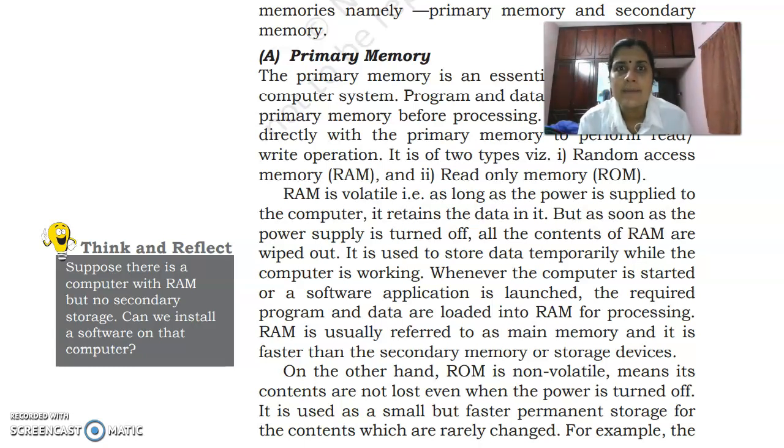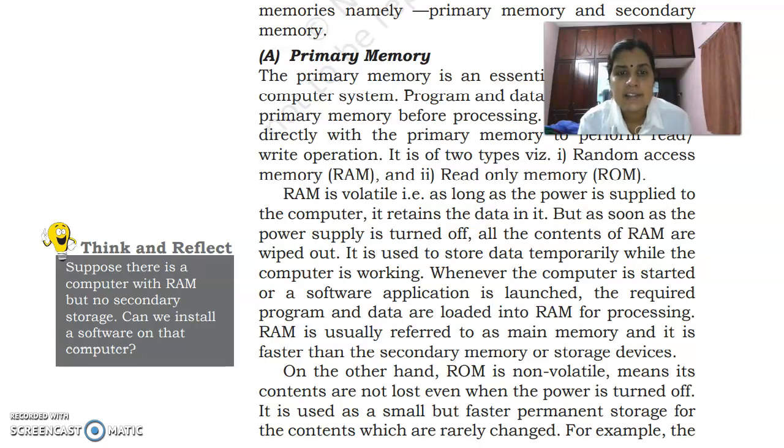Random access memory is volatile. What is volatile? Volatile means its data will be lost when power is off. So when our computer is working, this RAM has data. If our power is off, then RAM will be clean. That means it is volatile memory.